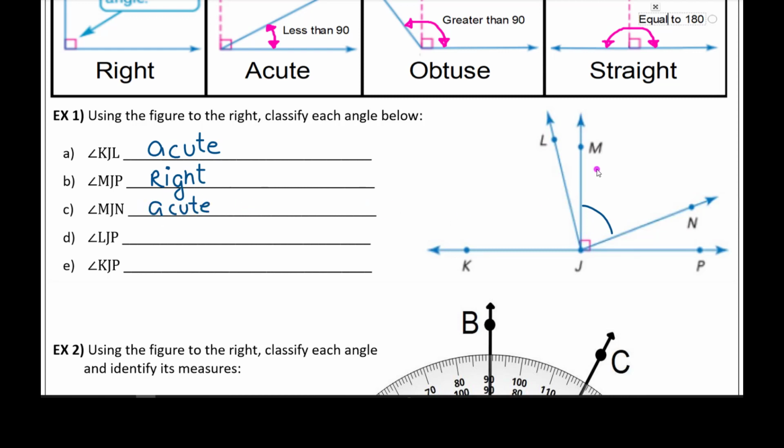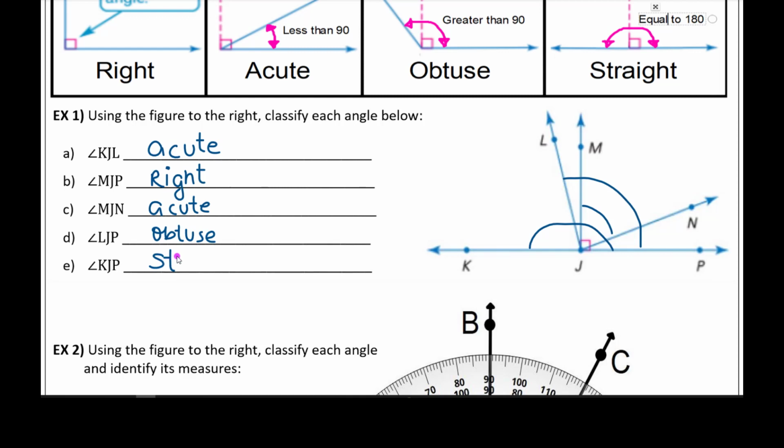And then we have LJP. It would be this angle right here. So that definitely is obtuse, bigger than 90. And the last one is KJP. So K, J, and P. You start at K and go all the way to P. So this would be a straight angle because it forms 180 degrees.